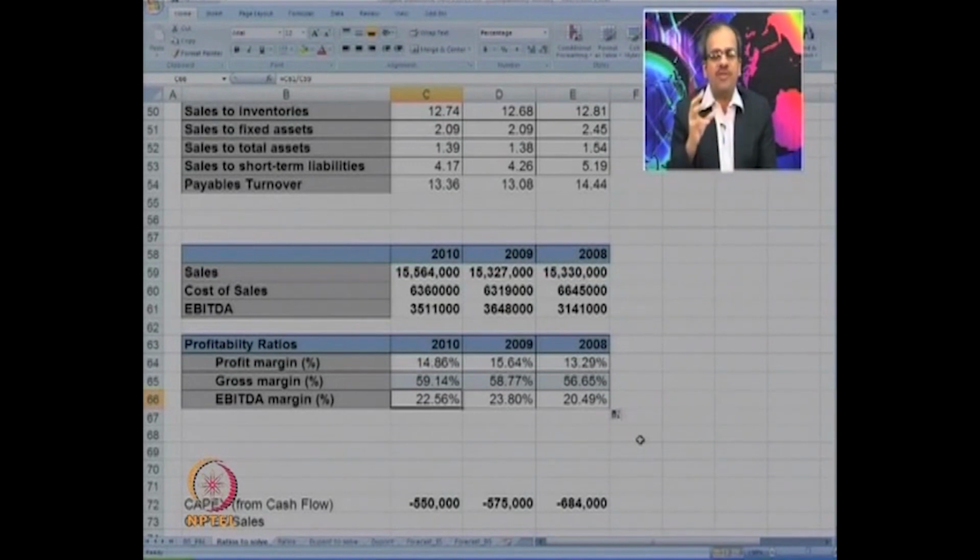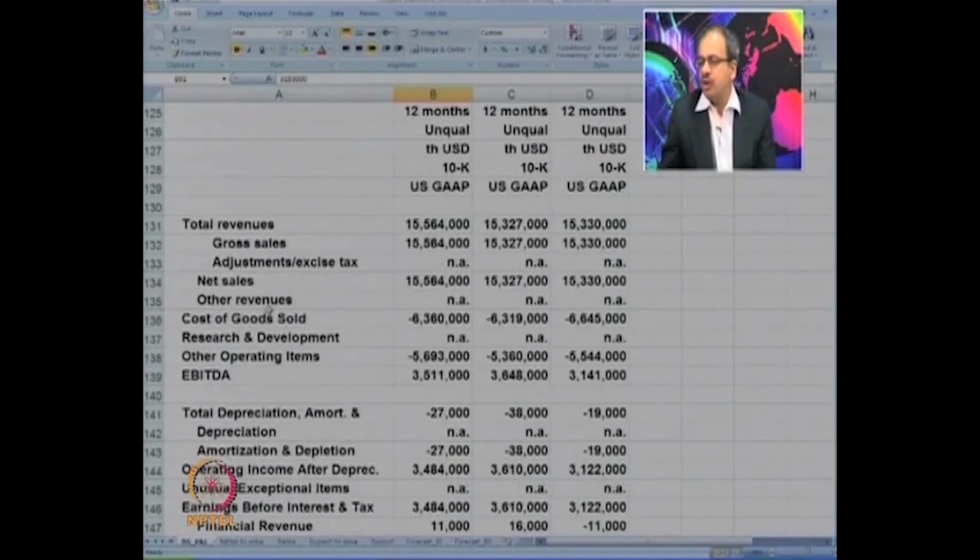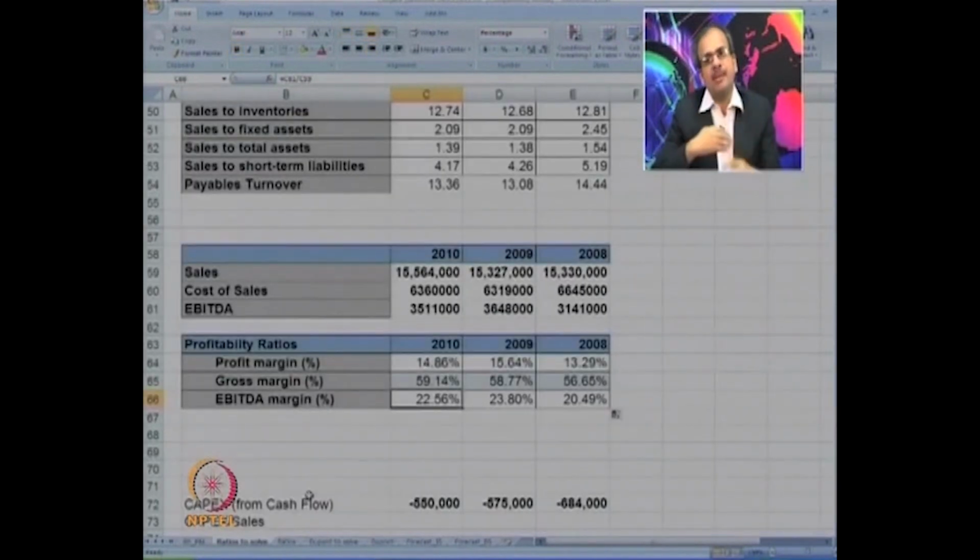So, this is a profit at the operations level. What we have reduced from sales, maybe you can go to the P&L account. You have got gross sales, we remove the cost of goods sold, we also remove other operating items, that is regular expenses, to get EBITDA, but the depreciation and amortization is still not reduced. So, this is the total amount of profit generated in cash terms by the company from its operations. It is very important, especially if you want to study the profitability of the business.